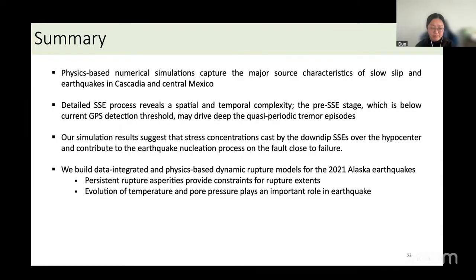So to better understand the earthquake on the subduction fault, we need as much information about the structure of the slab as possible.